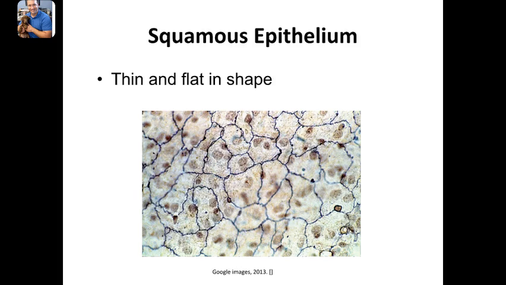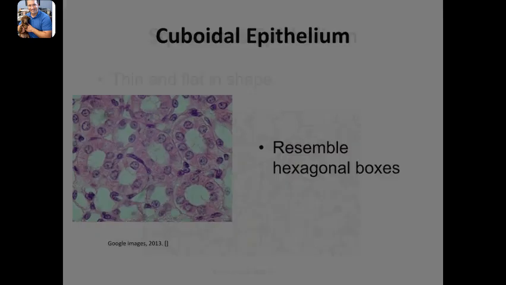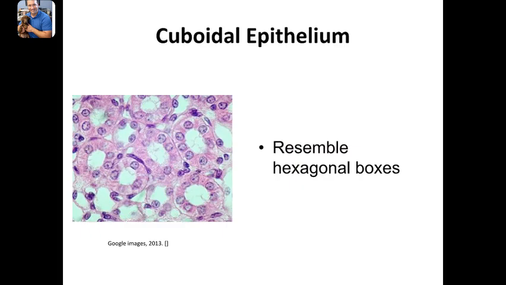Squamous epithelium is thin and flat, fried egg in appearance, one cell thick in the case of simple, or multiple cells thick in the case of stratified. Cuboidal epithelium is also often associated with ducts and glands. They look like they're hexagonal, like they have six sides to them.